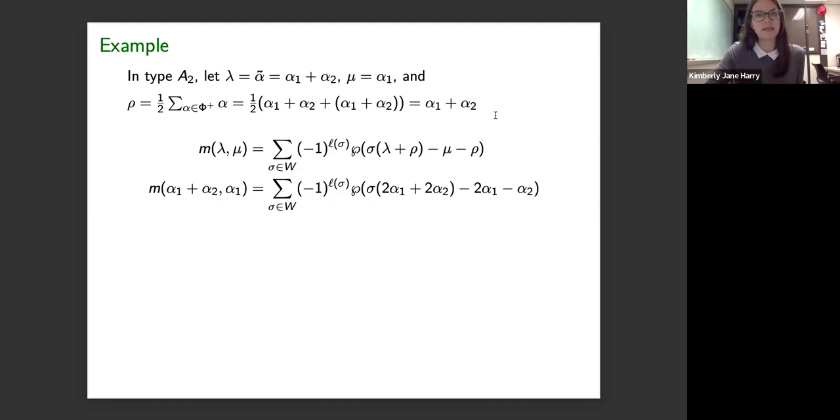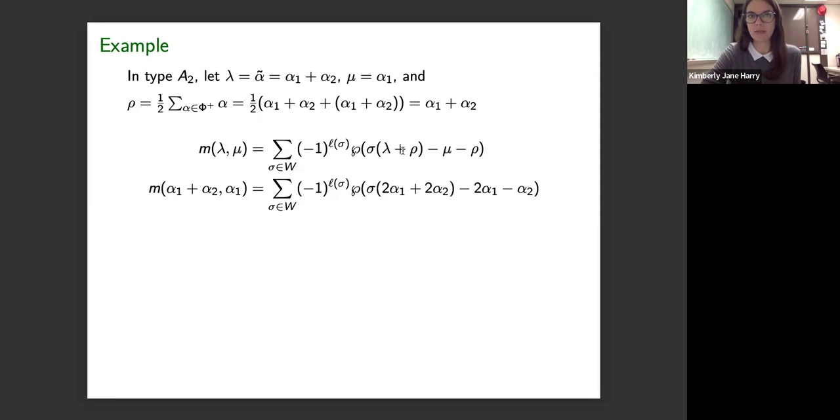And now let's compute the constant weight multiplicity formula. Here I wrote it out just to remind us what goes where. If I have lambda, lambda is my alpha 1 plus alpha 2. Mu is going to be my alpha 1. And so I plug those in accordingly. And then I also plug in rho, and rho is alpha 1 plus alpha 2.